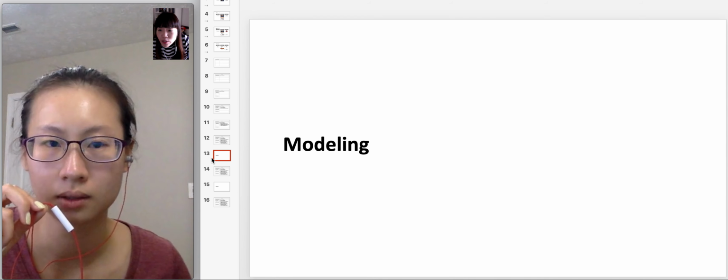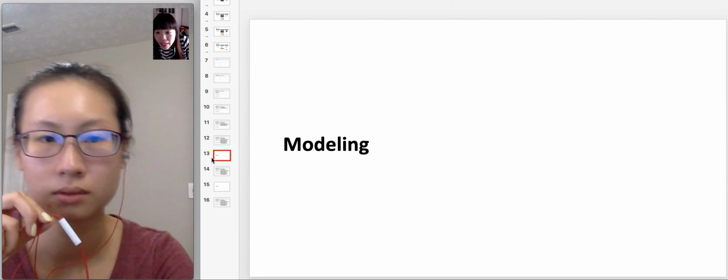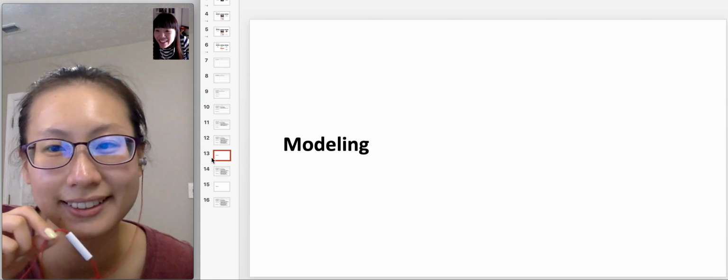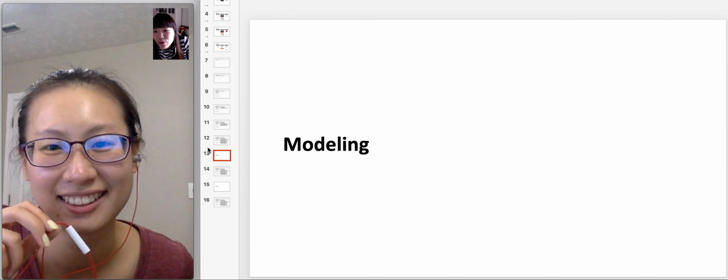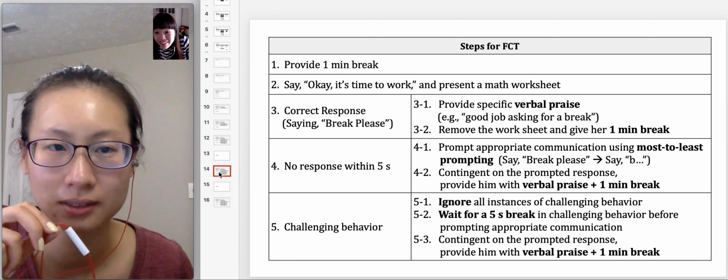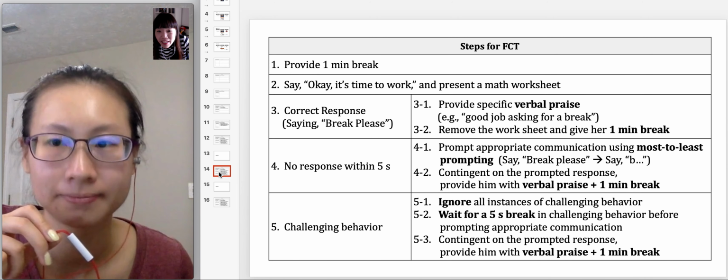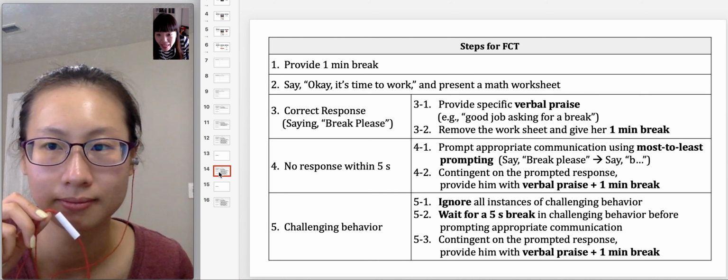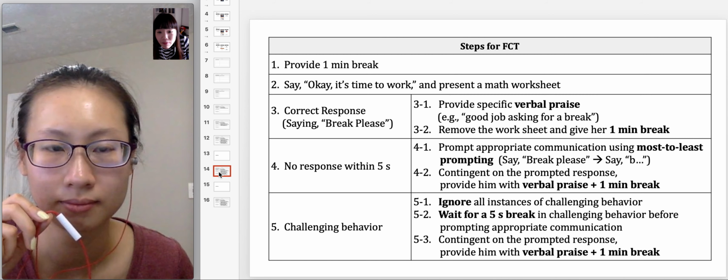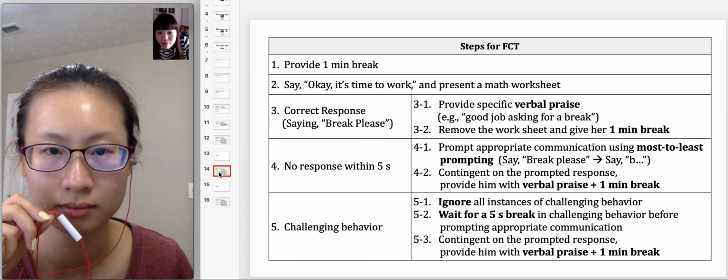I'm going to model the procedure and I will do the teacher, and it'll be great if you can do the student. Okay, ready? I provided Sam with a 1 minute break and then I'm going to say, okay, it's time to work, and then present a math worksheet.